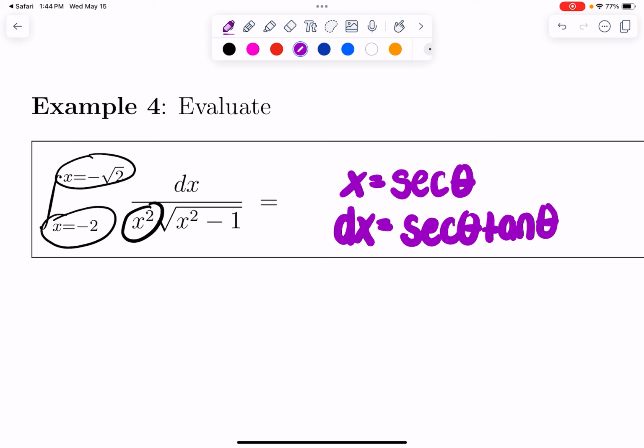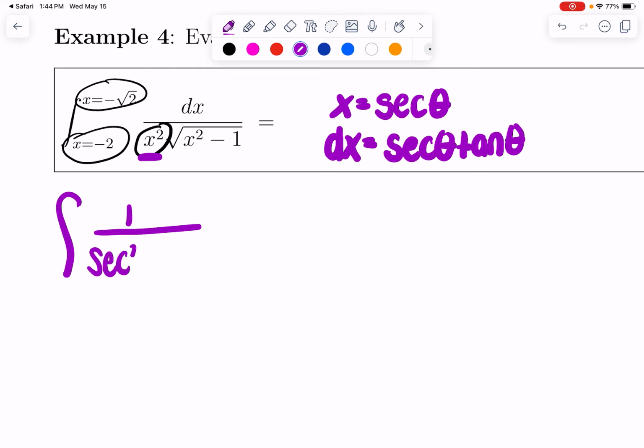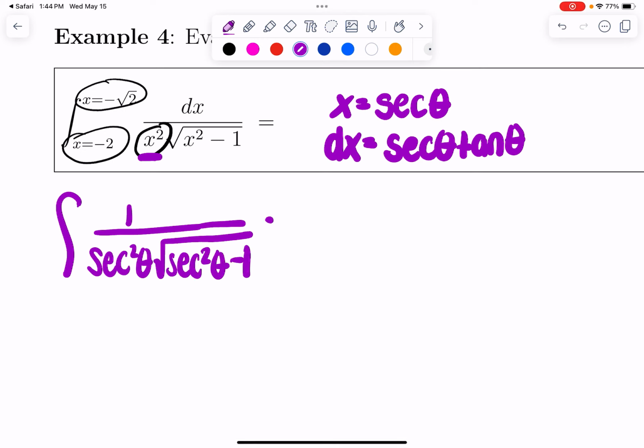And then replacing what I have, from there I would integrate it. I'm just going to put it as 1 over, and put the dx next to it. But first off, this x squared right here would be secant squared of theta. And then this one would be secant squared of theta minus 1 times your dx, secant of theta times tangent of theta, d theta.